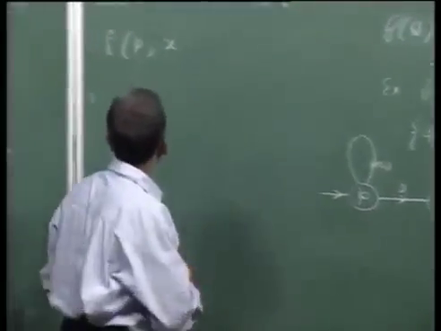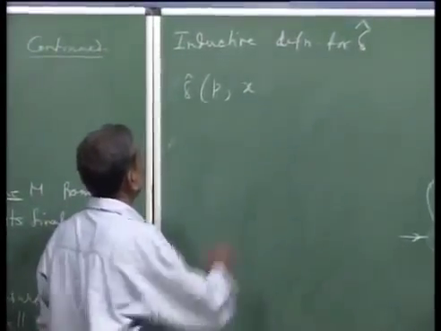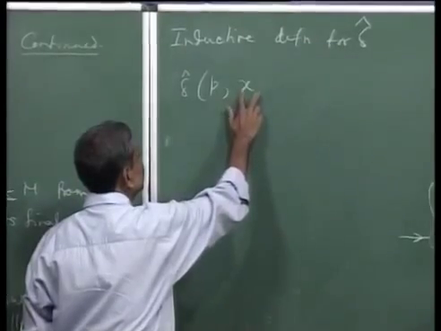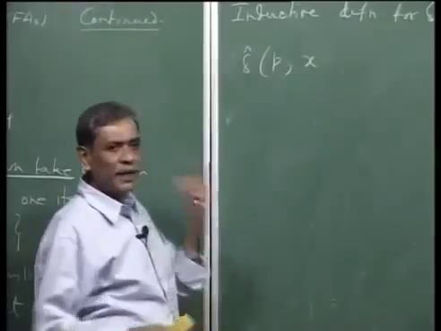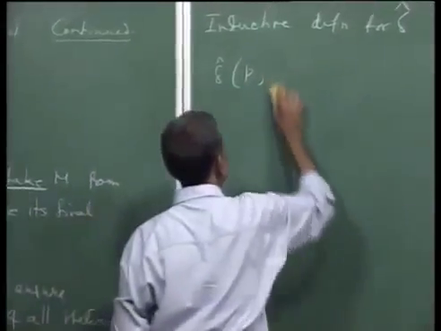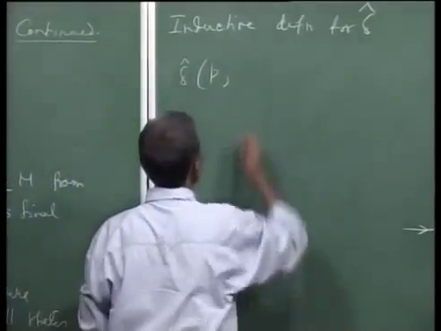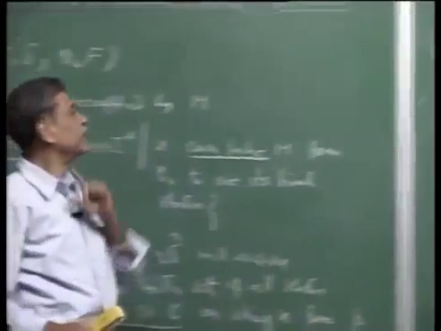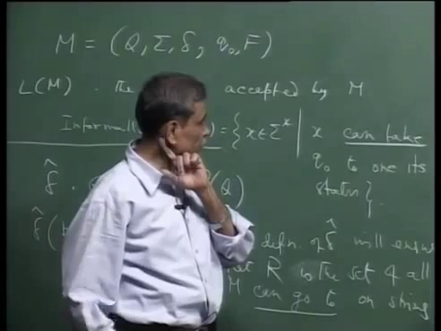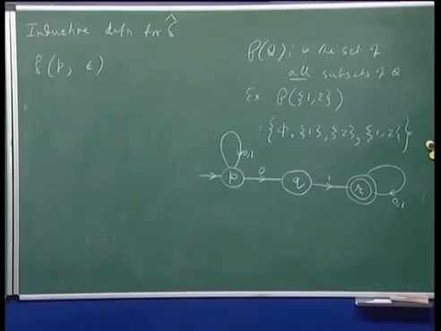So, inductively we define it; the induction is on X. So what is the base case? The base case is when the string is empty, the null string. So P is presented with the null string epsilon. What happens?